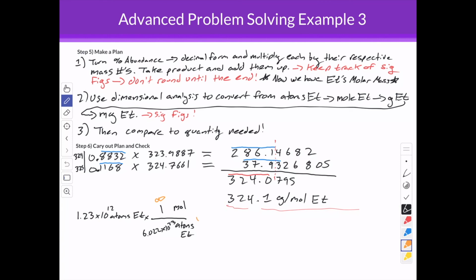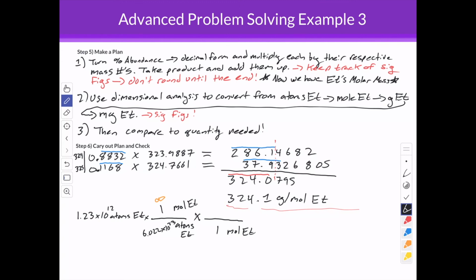All right, next we have 1 mole on top. Whoops. So 1 mole must go on the bottom. Another infinite sig fig, and that's moles of ET. What are we trying to get to? We're trying to get all the way to milligrams. So next we can go to grams, right?